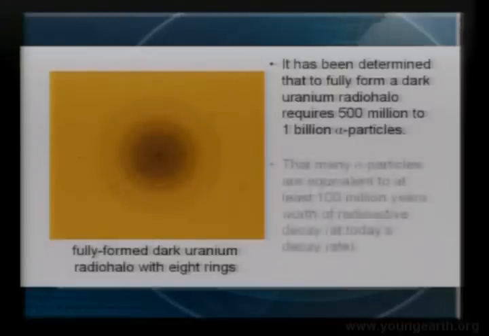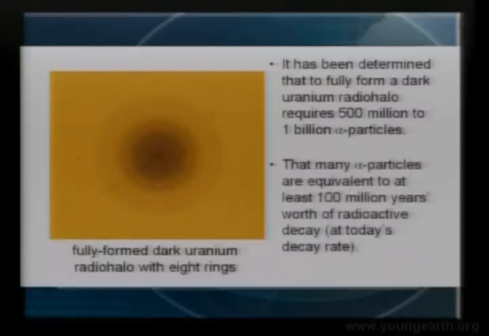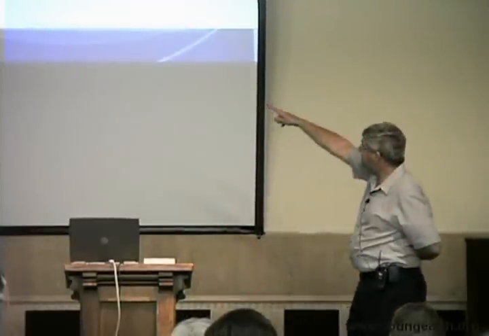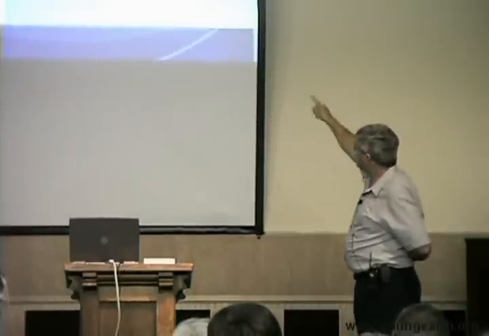And that is equivalent to 100 million years worth of radioactive decay at today's measured rates. So when you see that radiohalo under the microscope in a granite, it means that there has been so much radioactive decay, it's the equivalent of at least 100 million years worth at today's measured rates.